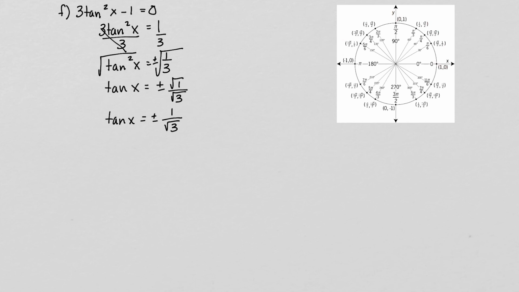If I did it for the ones in the first quadrant, 1/2 divided by root 3 over 2 would give me 1 over root 3. Root 2 over 2 divided by root 2 over 2 is going to be 1. Root 3 over 2 divided by 1/2 is going to be root 3. And 0 divided by 1 is 0. 1 divided by 0 is undefined, right? So those are the values of the tangent.